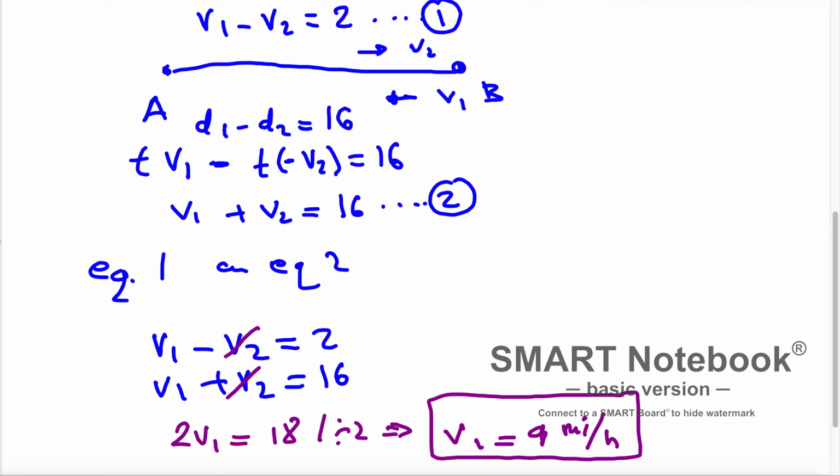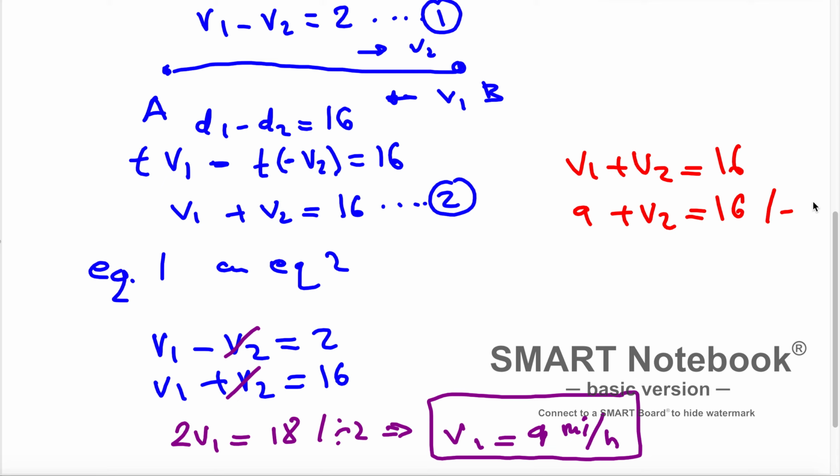But if we now want to find the slower runner, we take an equation here. Let's take equation 2: v1 plus v2 is equal to 16. We already got v1, 9 miles per hour, plus v2 is equal to 16.